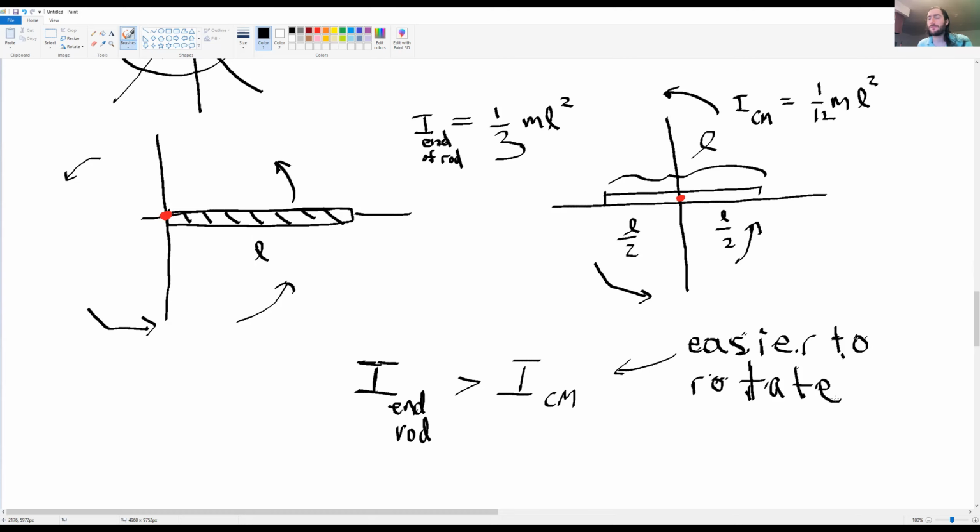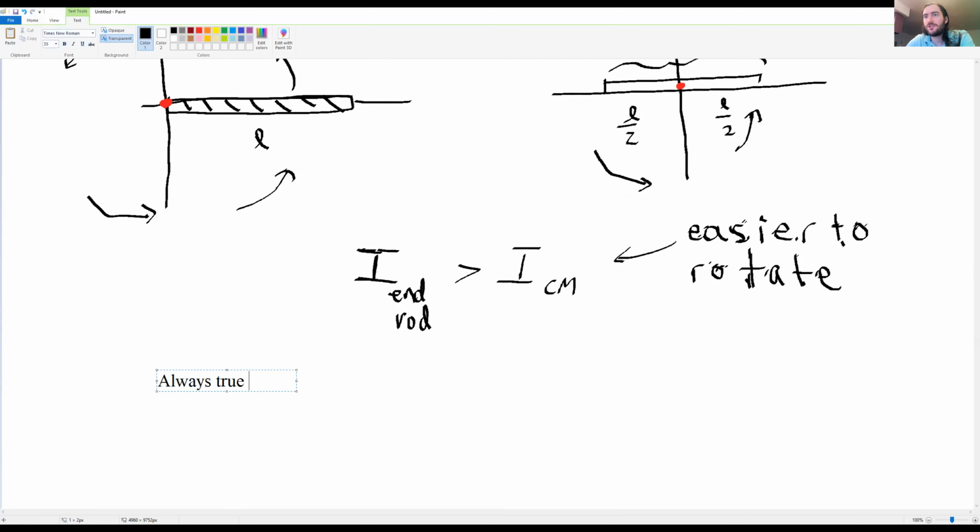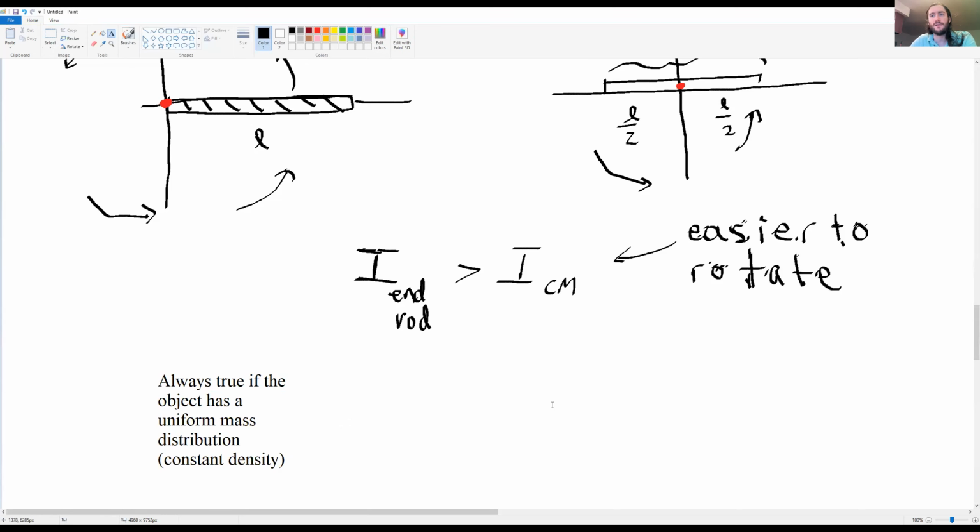The answer is yes, if the object has a uniform mass distribution, in other words, constant density. If it doesn't have constant density, then there are definitely some situations where rotating the object about another point would be easier.